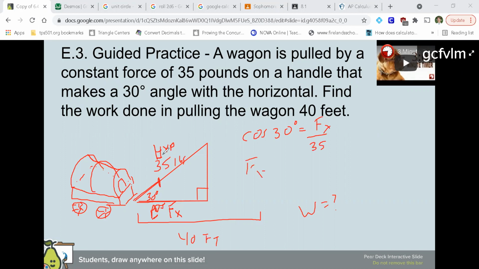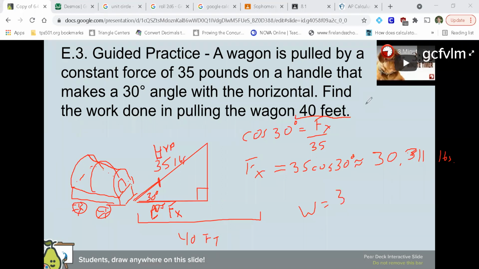So then the x component of the force comes out to be 30.311 pounds. And then to find work, we're just going to take that and multiply by our distance, 40.